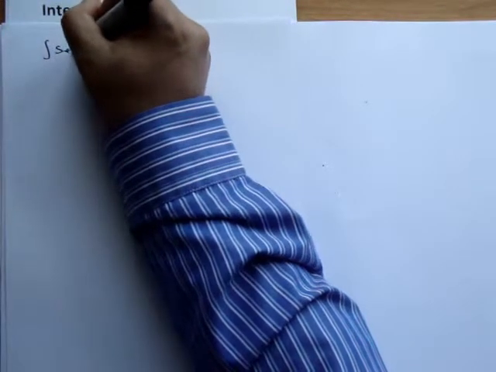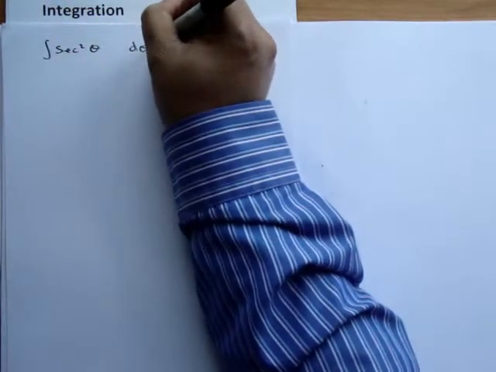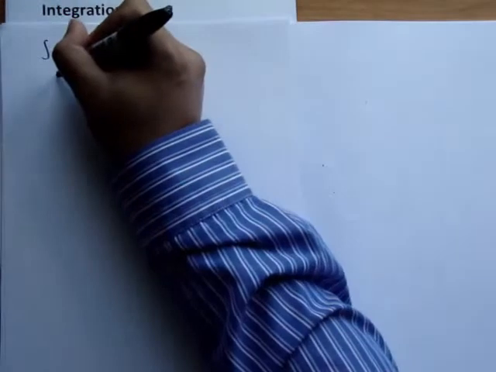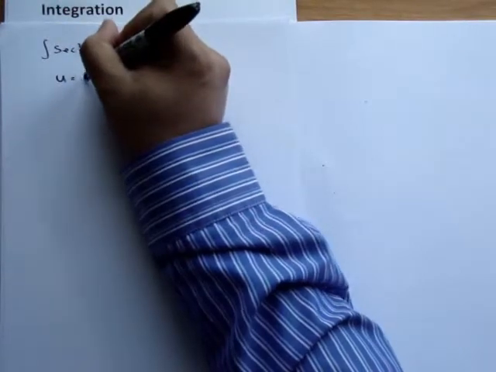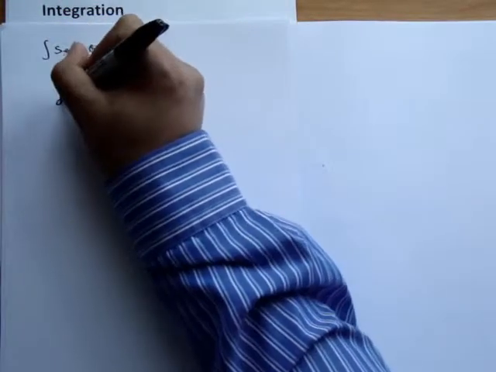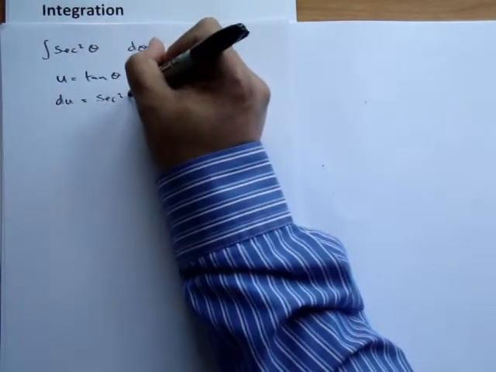Integral of secant squared theta d theta. This is really easy when we think about it. If we let u equal tan theta, then du is secant squared theta.